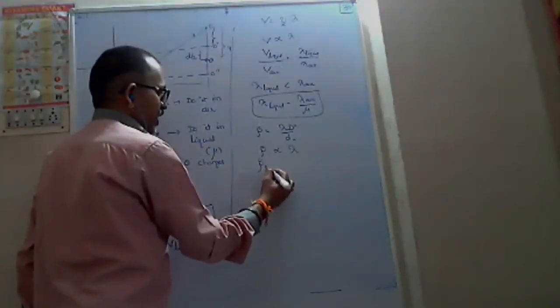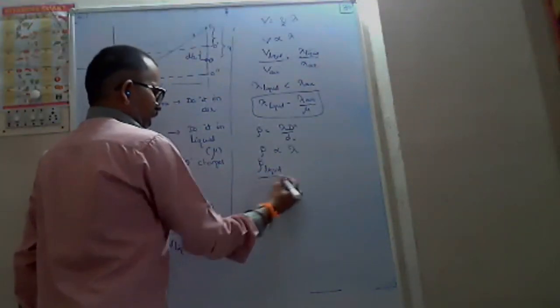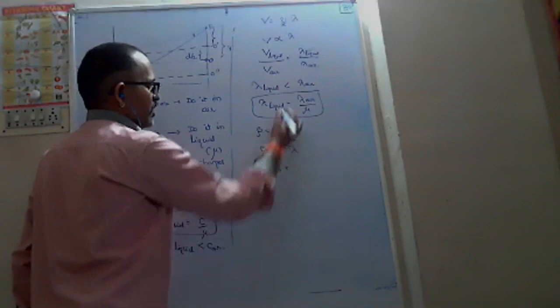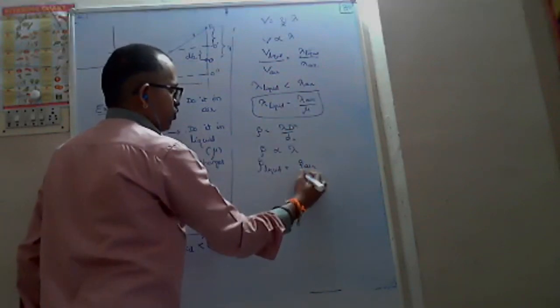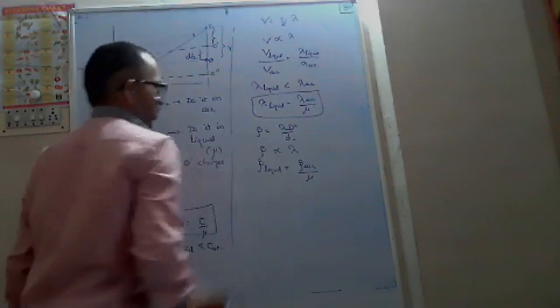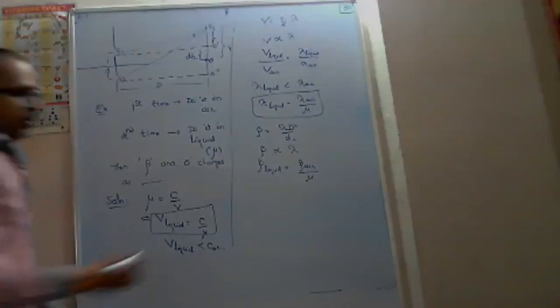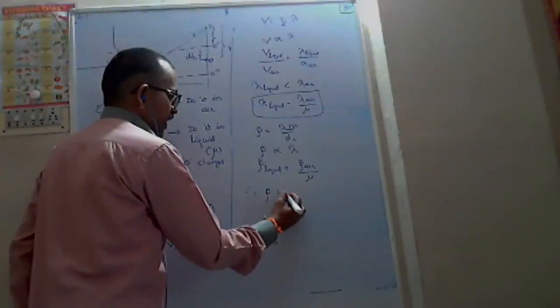Therefore beta in liquid equals beta in air by mu. Then you conclude the fringe width is decreased, by 1 by mu.